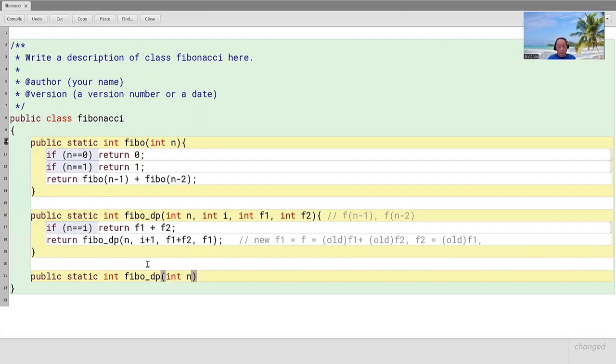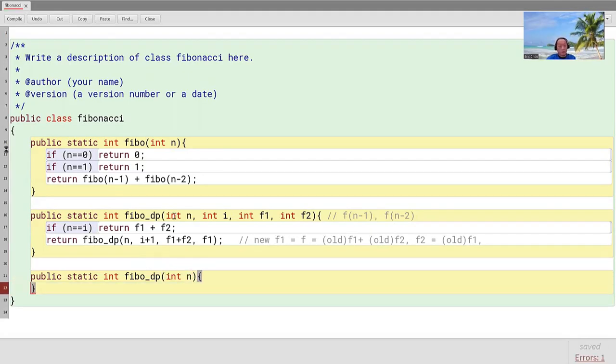So here we write the regular call function. This one actually is a helper function.